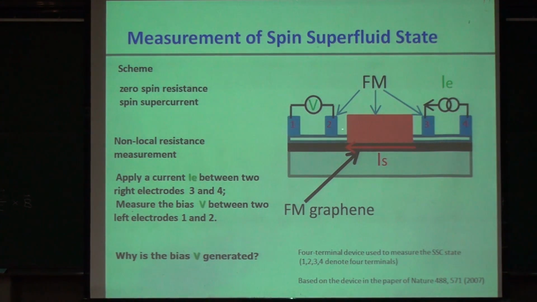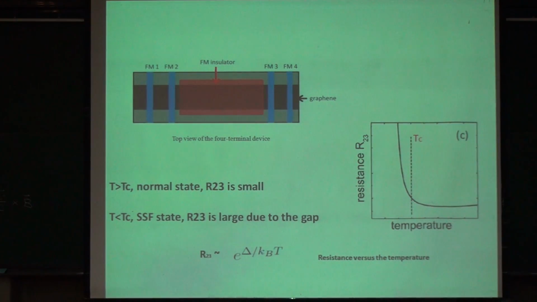So as you lower the temperature, when this gap opens up, the resistance between these two contacts will show the property of a normal insulator, going up quickly just like a normal semiconductor. That's the first indication that you may have a gap opening up, an insulator here.